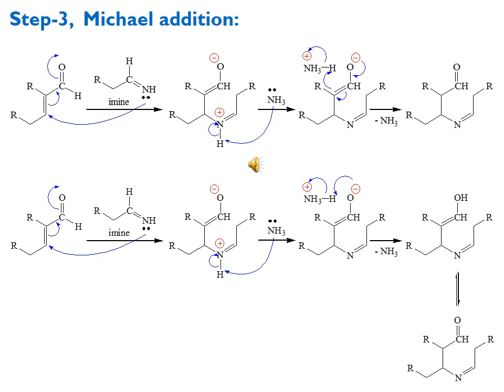In the product, nitrogen gets the positive charge due to the formation of four bonds, and oxygen gets the negative charge. An ammonia molecule comes, which abstracts this proton from nitrogen, and the positive charge of nitrogen is counterbalanced, and the negative charge of oxygen remains as such, counterbalanced by the newly formed ammonium ion.